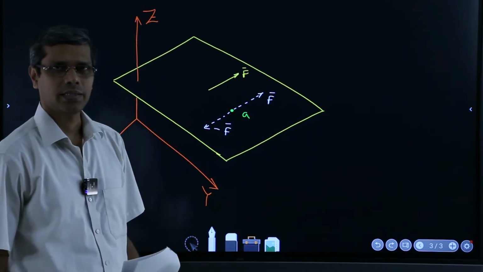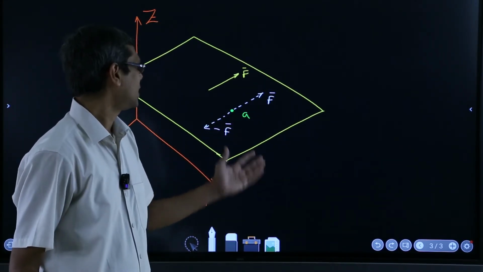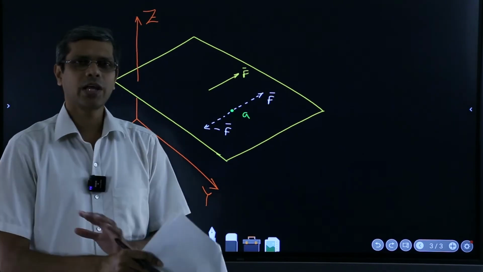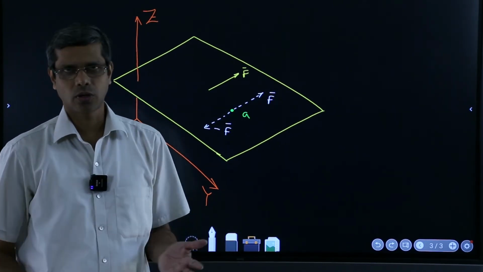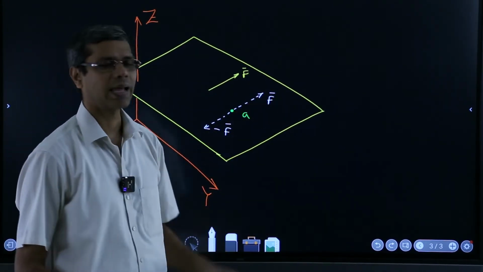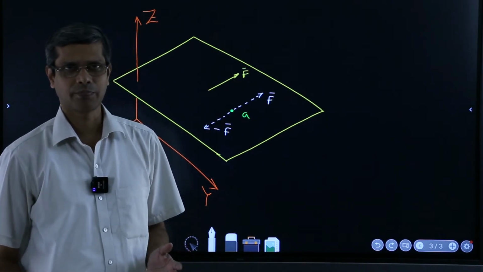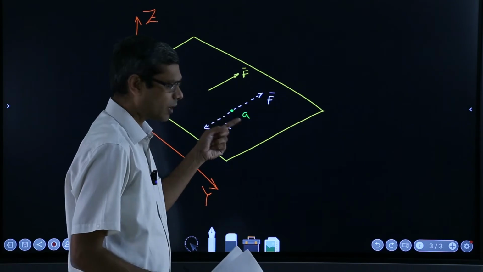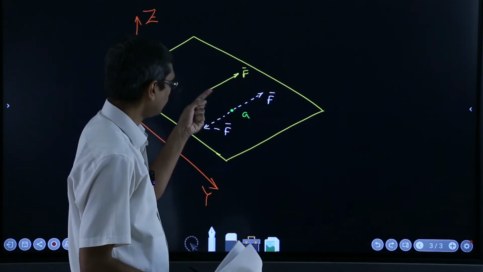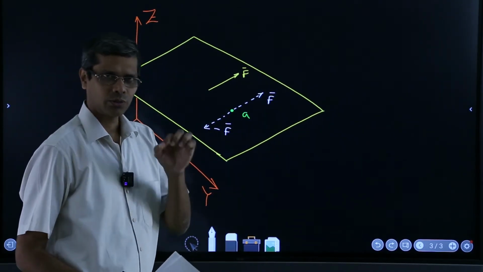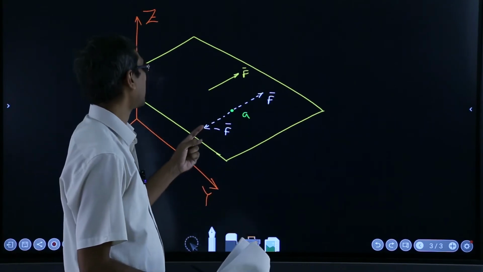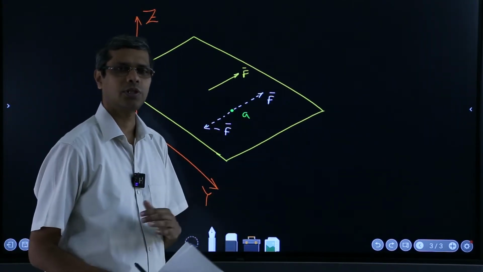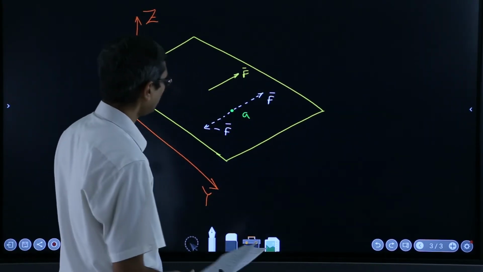By adding these two vectors, we are not changing the system at all, because they are cancelling each other completely. That's the main idea. So whatever point you want this force to be moved to, there you think of adding two equal and opposite forces which will cancel each other.